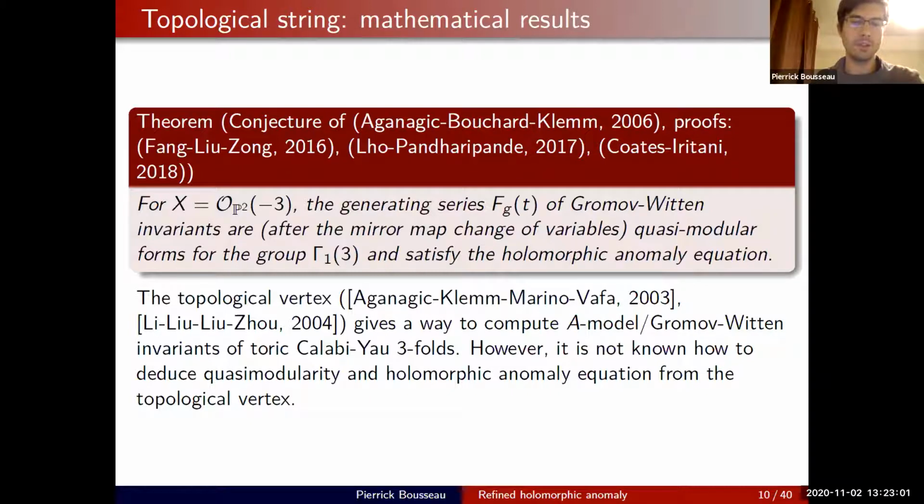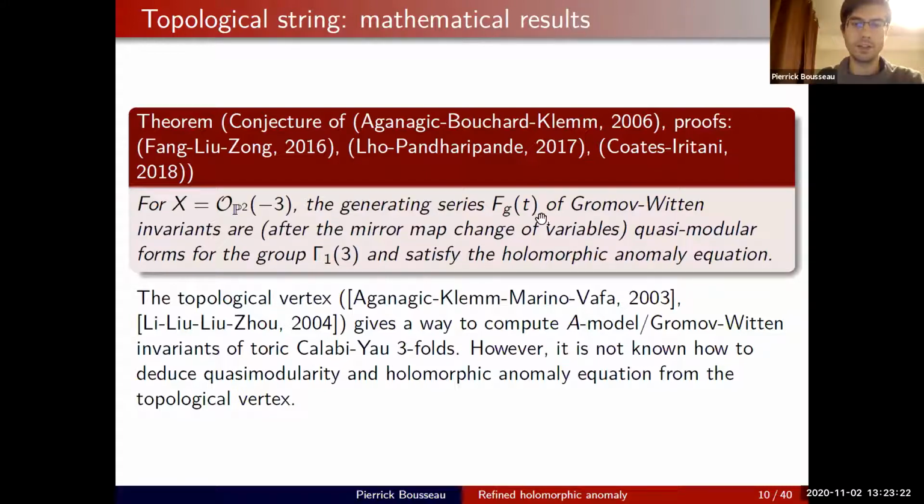So the statement is that for local P2, this non-compact Calabi-Yau threefold, the generating series F_g of Gromov-Witten invariants are, after an appropriate mirror map change of variables, quasi-modular forms for the congruence subgroup Gamma_1(3) and satisfy the expected holomorphic anomaly equation.